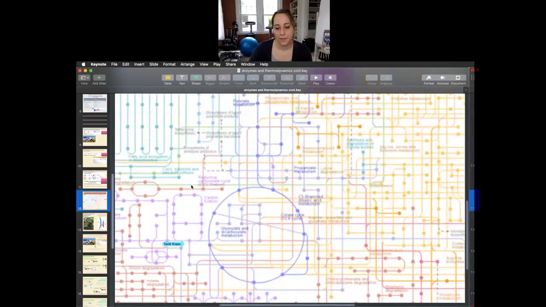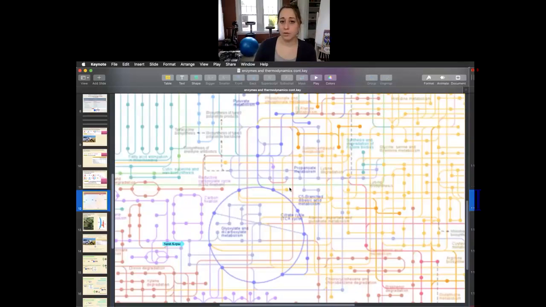My point in showing this to you is that there are so many reactions going on in the cell at once, and the products and the reactants for different types of reactions even are connected. And sometimes there are a lot of different options as to where a product can go next. So for example, in the citric acid cycle, which is purple, we have this nice circle here, right?